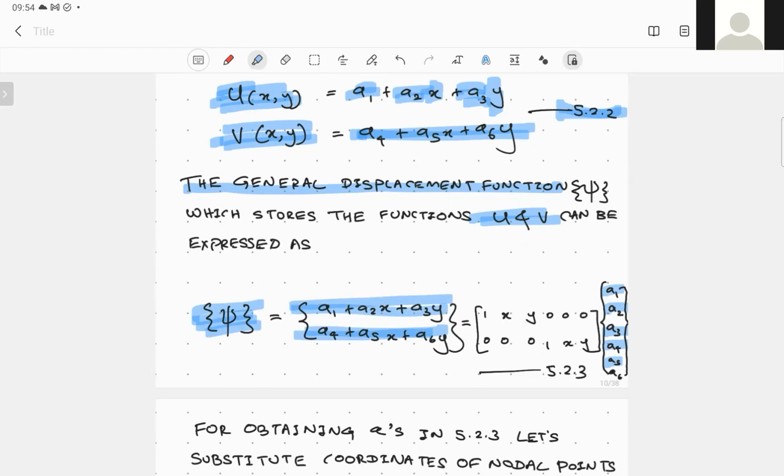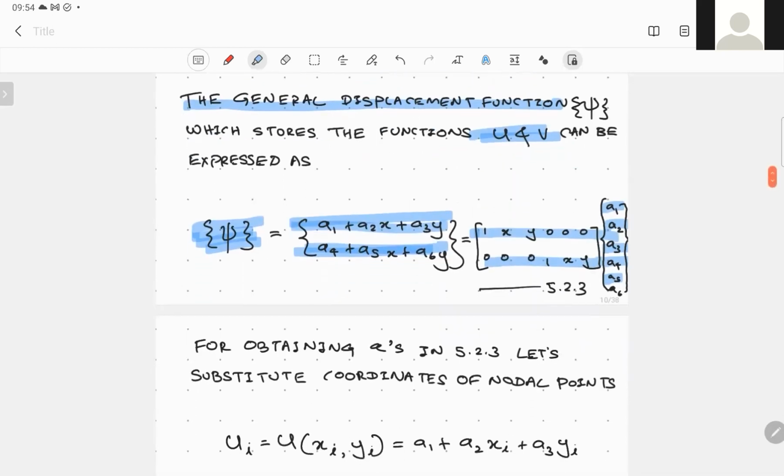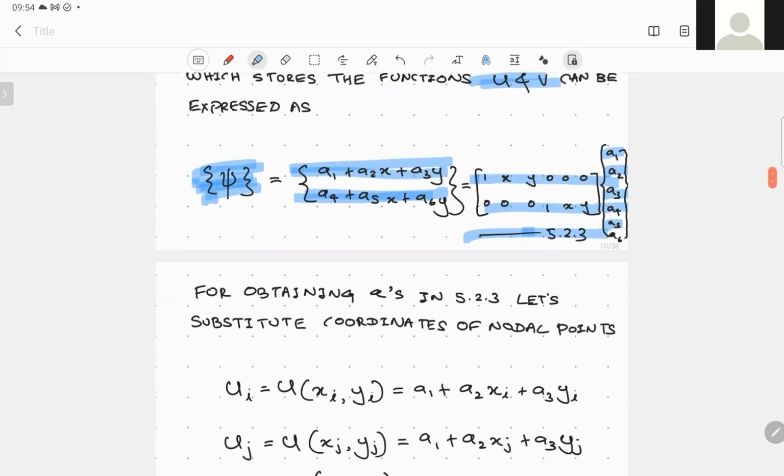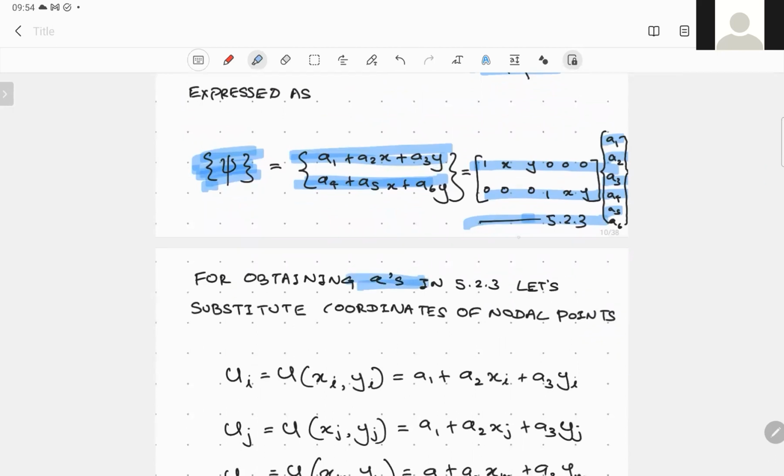We would like to find these unknowns for each node, and x, y are the coordinates which we already know. So we arrange this, nothing new. We have arranged these two displacement functions, or let's call it the general displacement function matrix, in the form of a matrix. Now what we are interested in, as I mentioned before, is to find these a values, because these are constants which we would like to find.